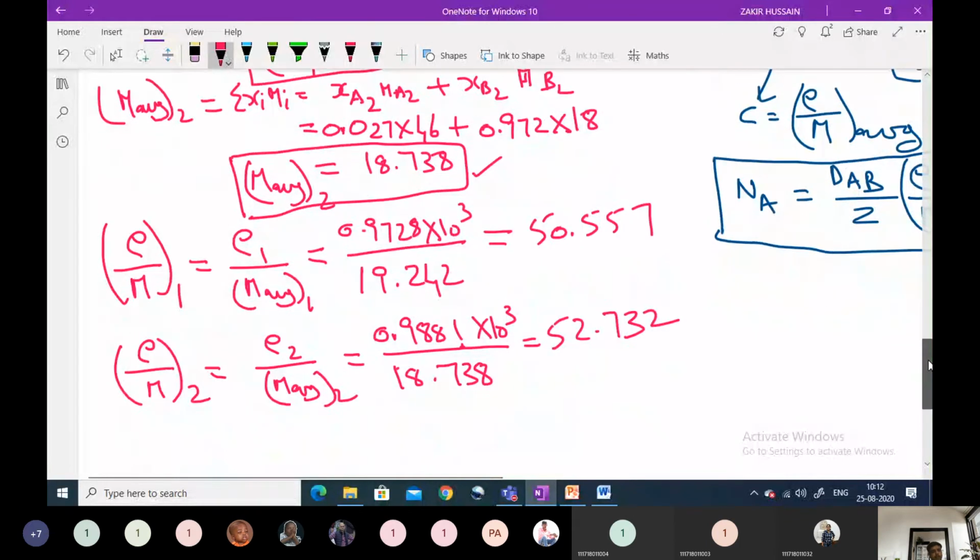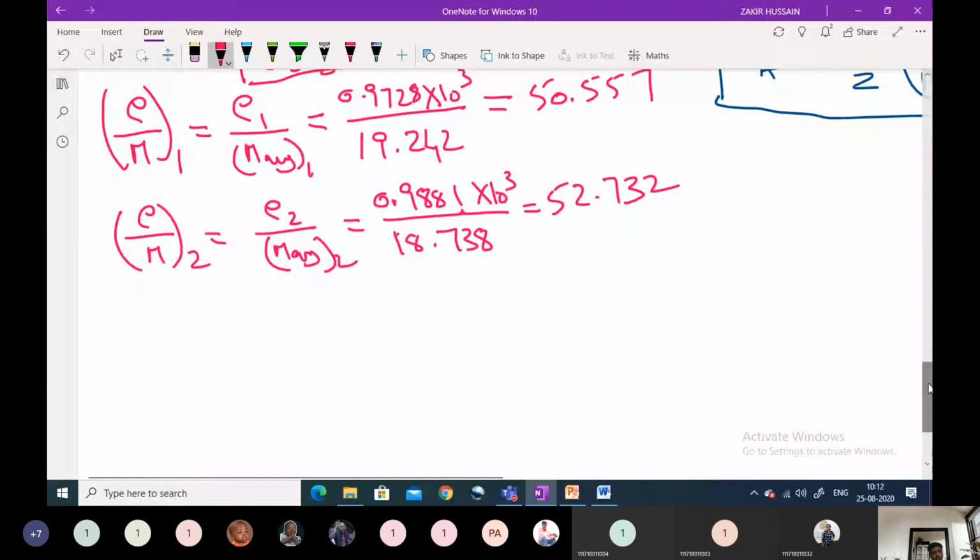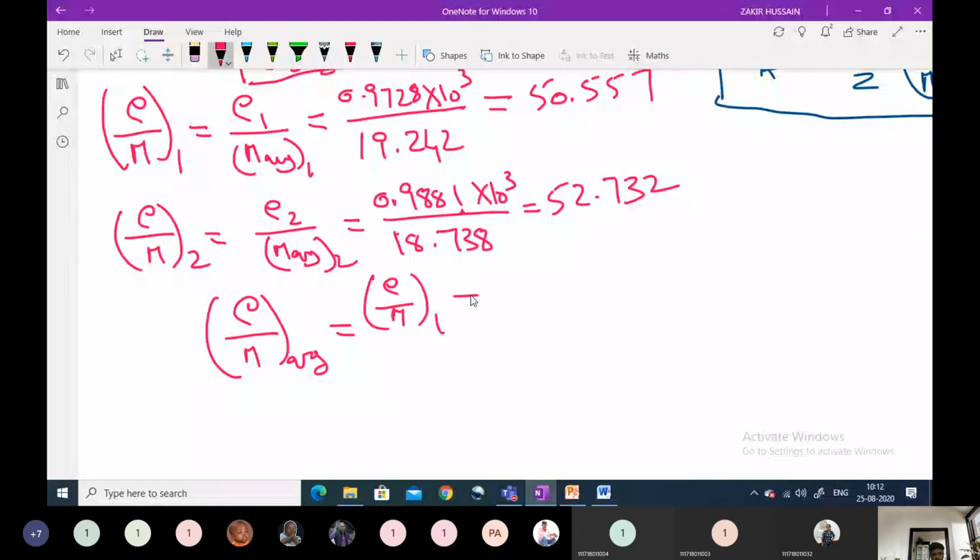Now we have already obtained rho by M at position 1 and rho by M at position 2. So now we have to calculate rho by M average, nothing but the average of these two positions: rho by M 1 plus rho by M at position 2, divided by 2.